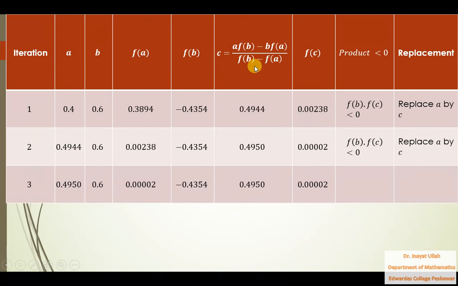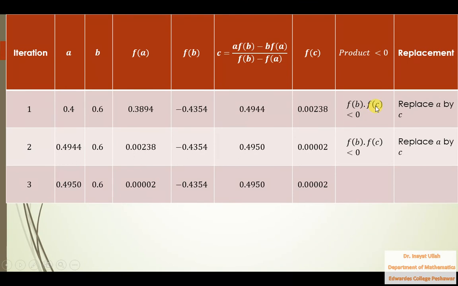Now again find f of c. Note that f of b and f of c have opposite signs, so f of b into f of c is less than 0, so we will replace a by c.